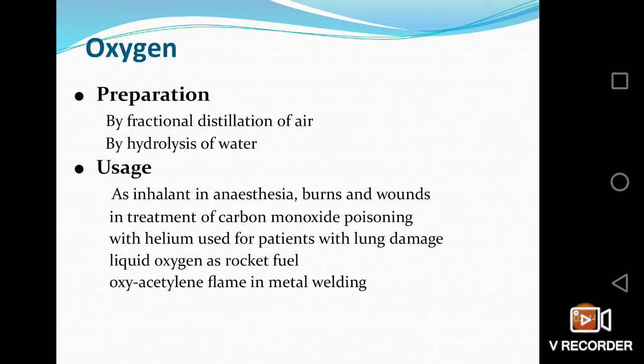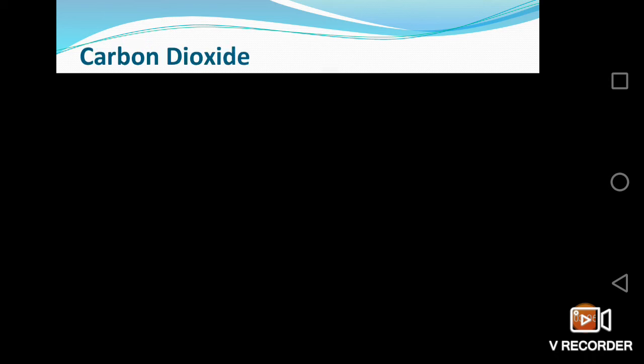It can be given to patients with lung damage in combination with helium. Liquid oxygen is also used as a rocket fuel. Oxyacetylene flame has a high temperature and is used for metal welding.